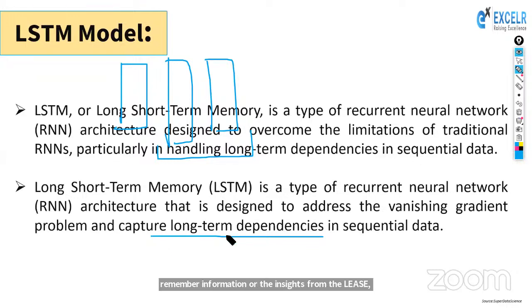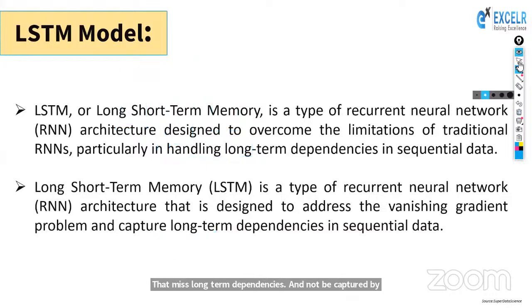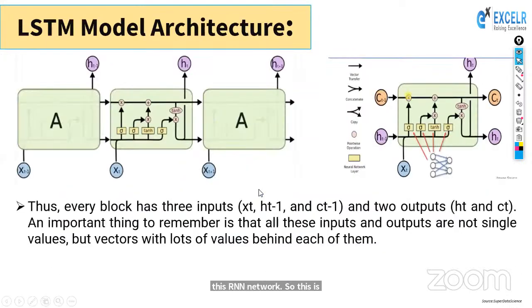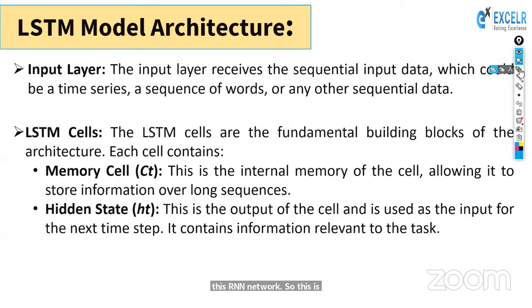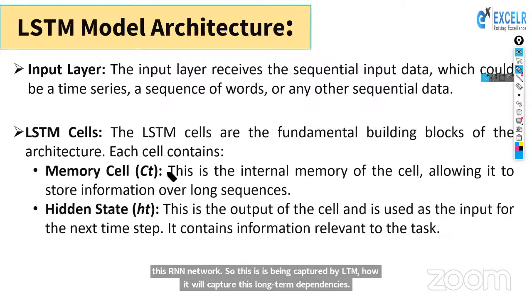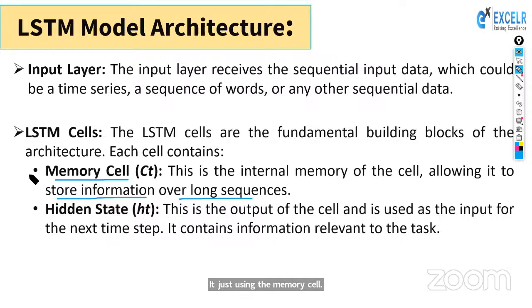That means long-term dependencies cannot be captured by the RNN. This is captured by LSTM. How does it capture these long-term dependencies? It uses the memory cell, which stores information over long sequences. The main objective of the memory cell is to store past information over long sequences.